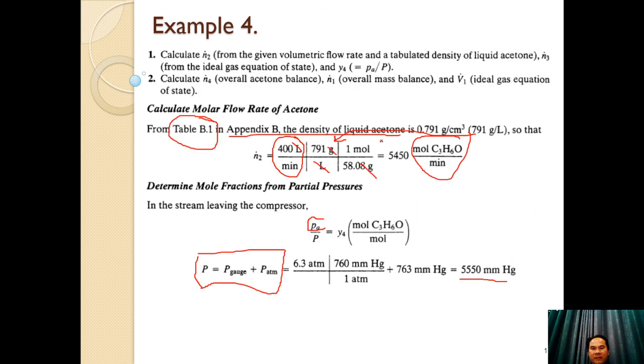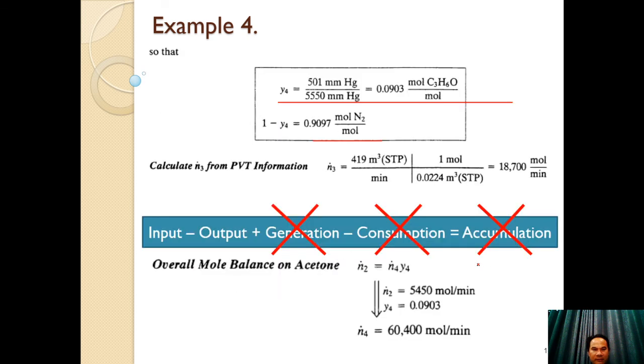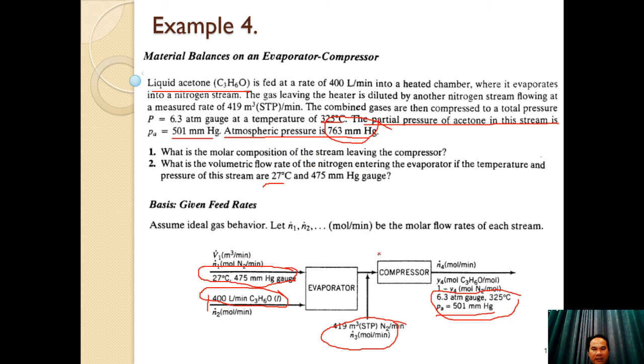For this case, you know, right, the composition of acetone and nitrogen in the complex. And then N3, you can calculate N3 also, based on information like this: 419 cubic meters standard.